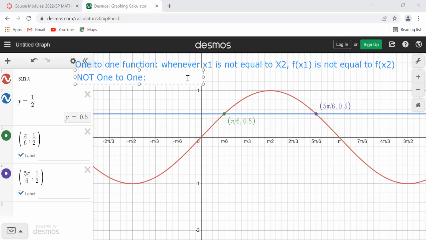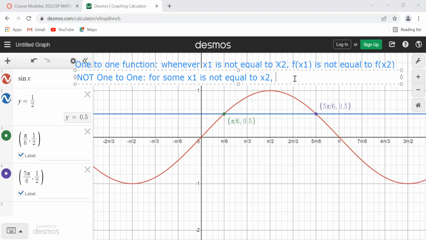So the opposite would be: for some x1 not equal to x2, the output f of x1 is the same as f of x2.